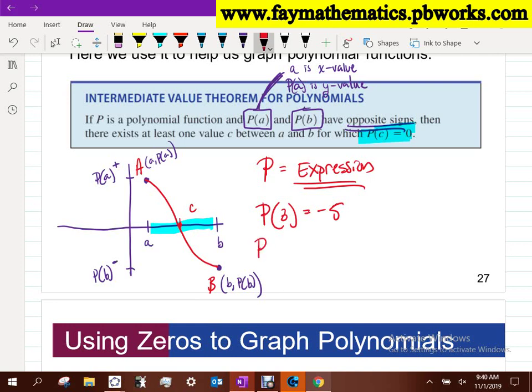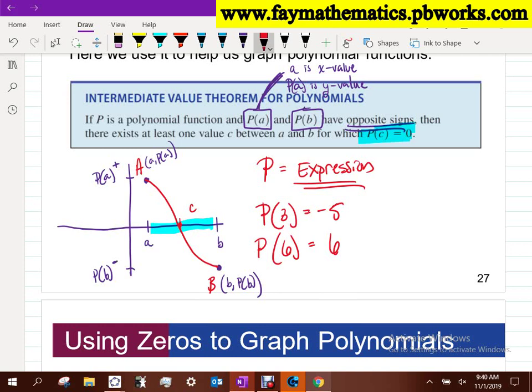And then I evaluate P at 6, and I get +6 back. And I'm looking for 0. Maybe I don't know how to factor this, but I'm looking for zeros. The intermediate value theorem now just says at 3 you've got a negative back, at 6 you've got a positive back. So somewhere between 3 and 6 there should be a crossing. You should cross the x-axis. So there should be a 0 between 3 and 6.